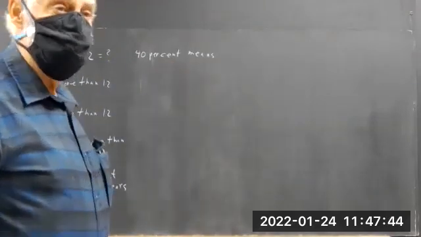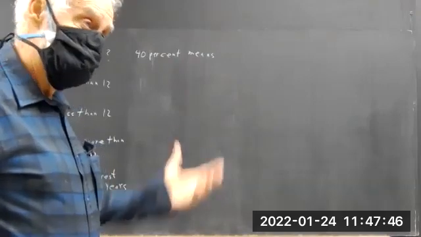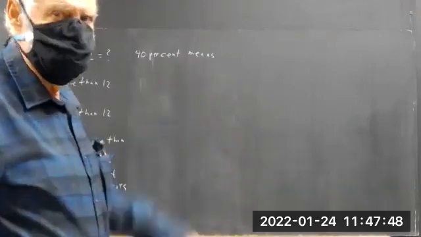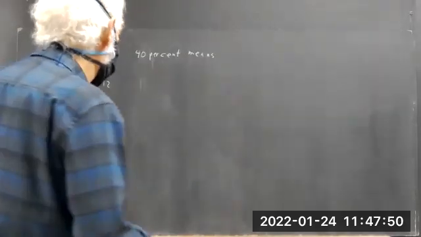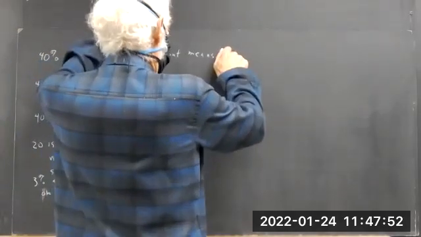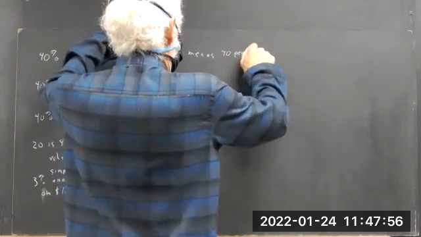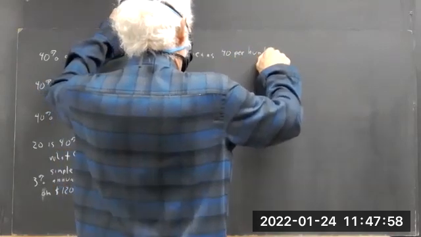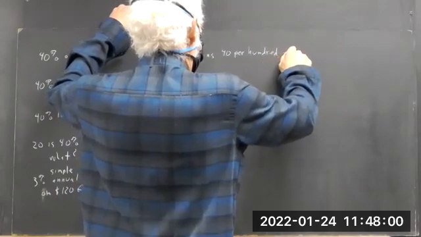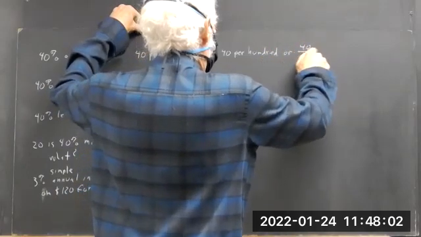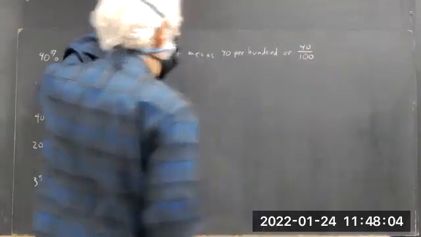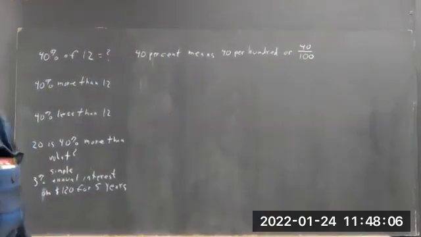How many cents in the dollar? 100. Okay. Means 40 per 100 or 40 over 100.